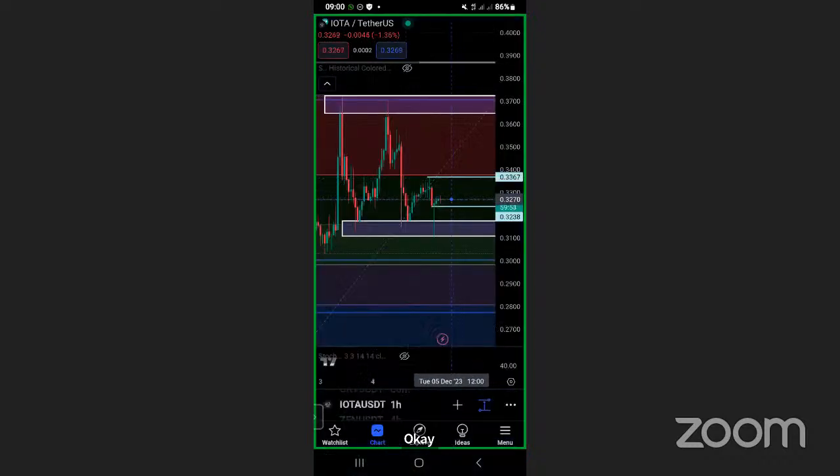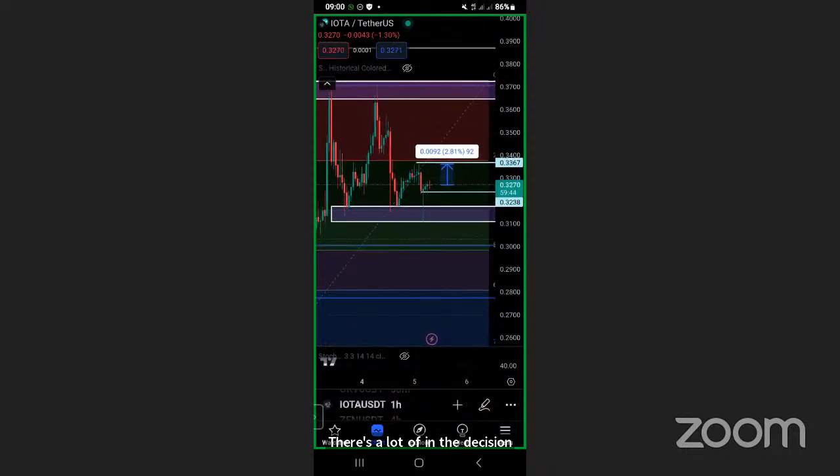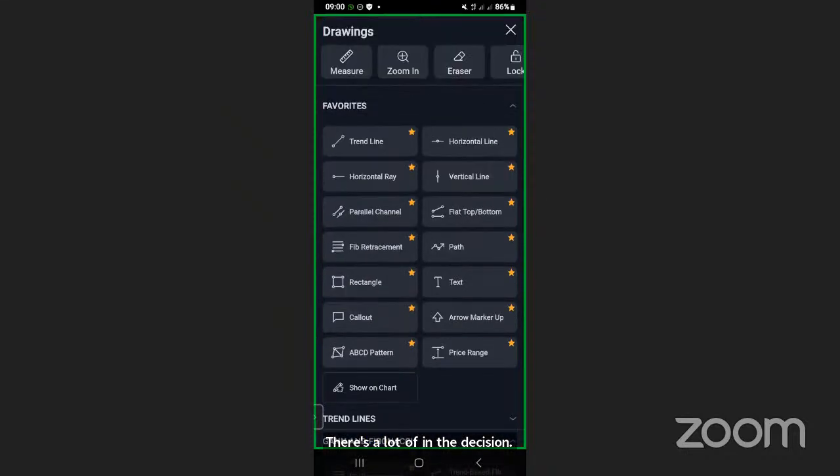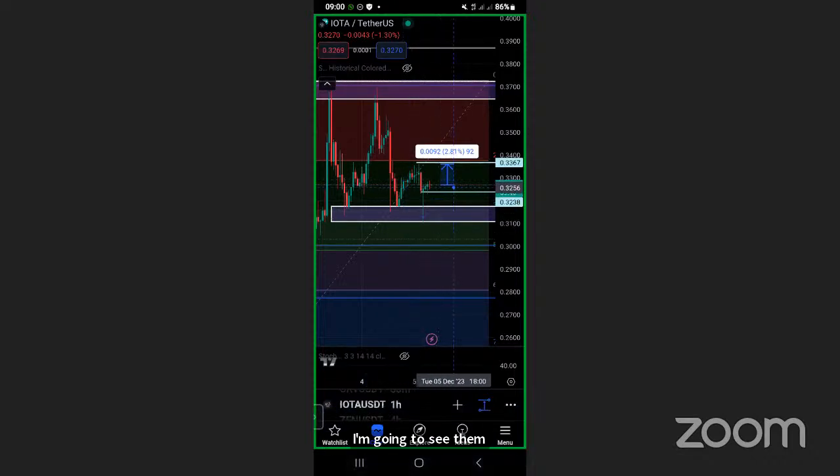There's a lot of indecision candles here with the iota. A lot of indecision candles, but it shows some possibility.